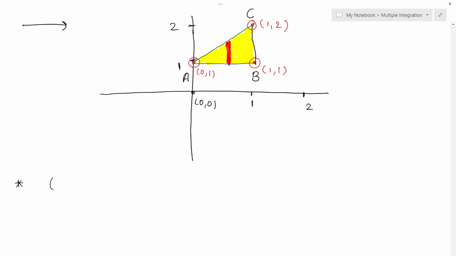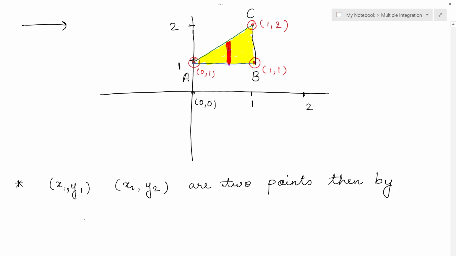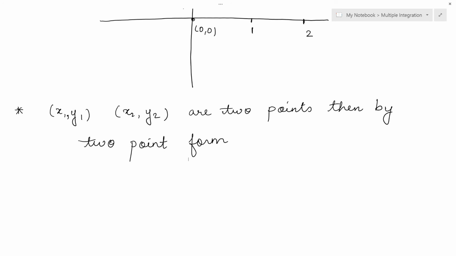If (x1, y1) and (x2, y2) are the two points, then by the two-point form, you remember we did it in 12th standard only, the two-point form is (y - y1)/(x - x1) = (y2 - y1)/(x2 - x1).